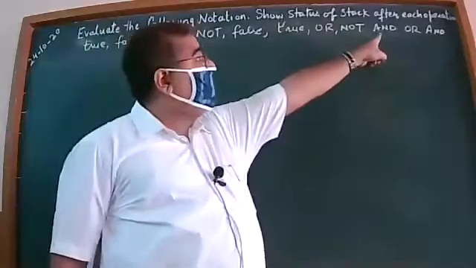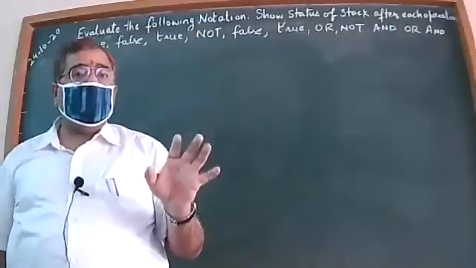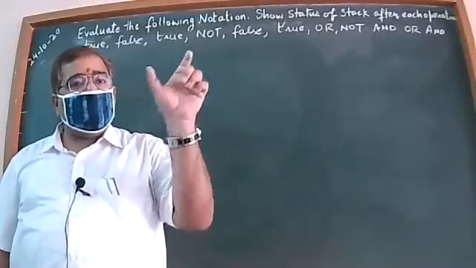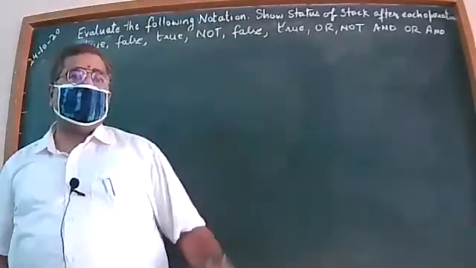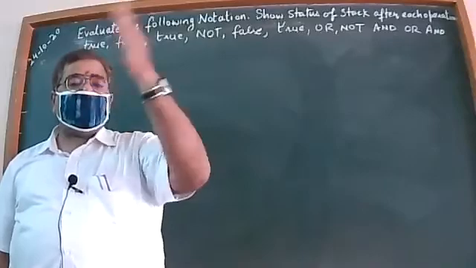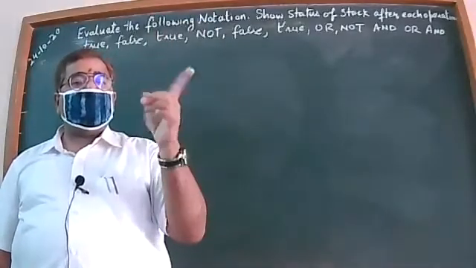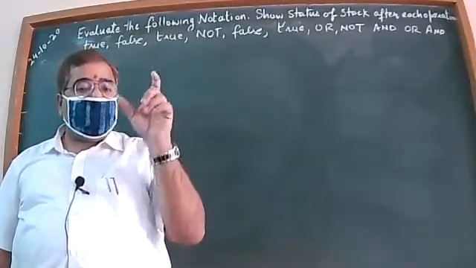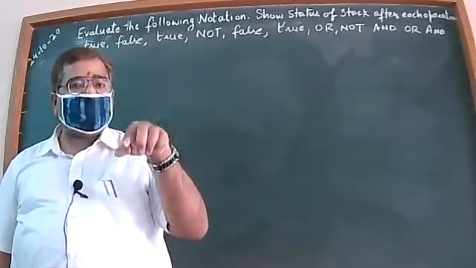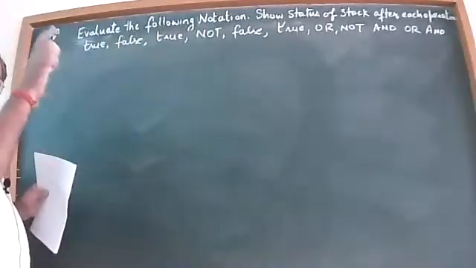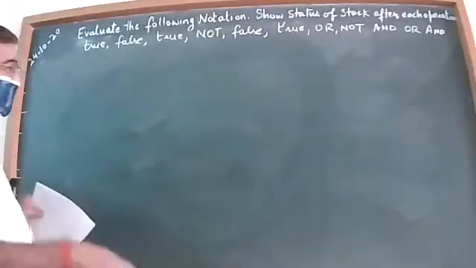And says the result will be true only and only when both the expressions are true. Expression 1, expression 2. When both expressions are true, the result will be true. If any one expression is false, the result will be false. Rest, the way to do the question is totally same.